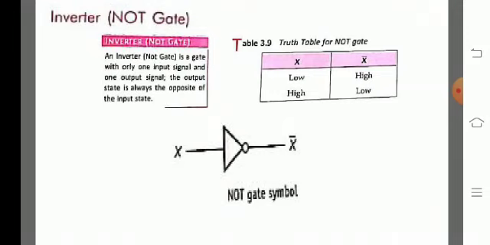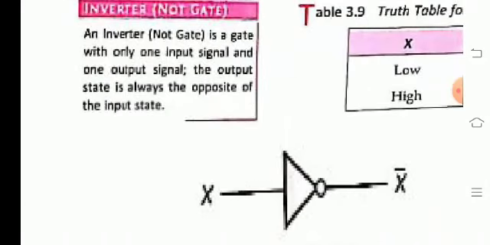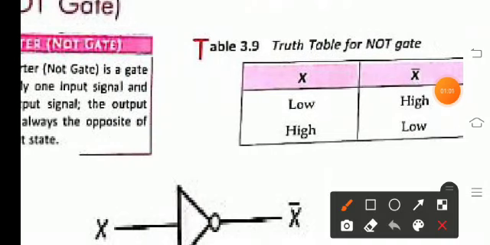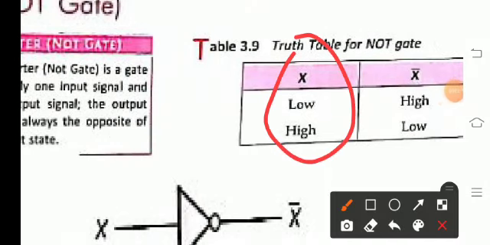Inverter gate means NOT operator, NOT gate. It is a gate with only one input signal, and the output state is always opposite to the input. So only one signal means one variable, that's all. See here, only x is allowed. In the truth table also we studied only one value, x.